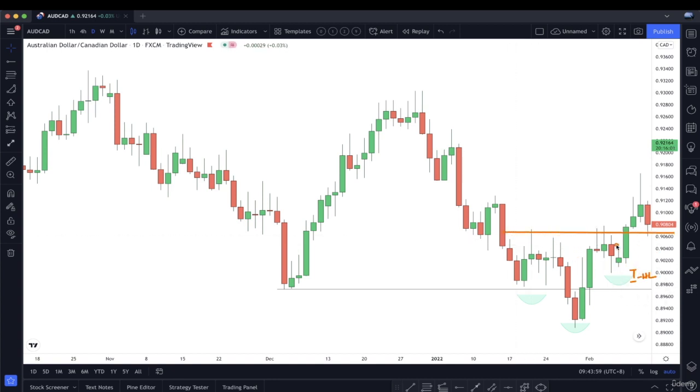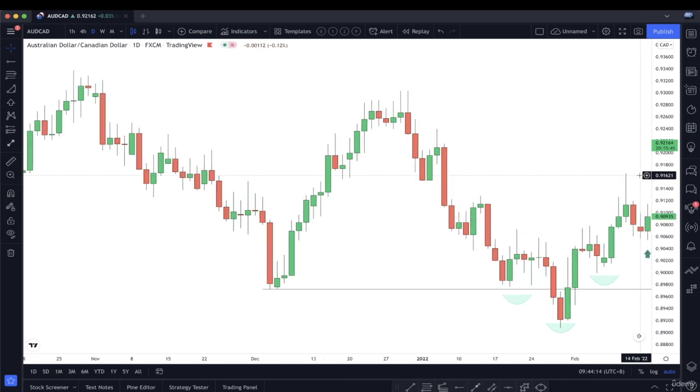So support and resistance, previous resistance could possibly act as a support. All right? So we have this impulsive move upside, and then we can see we have this indecisive candlestick followed by a bullish candlestick. So previous resistance acted as a support. Now I entered at this bullish candlestick with stop loss below the low.